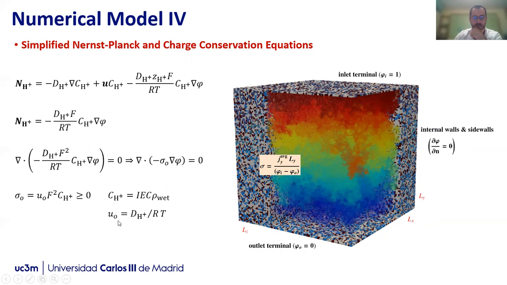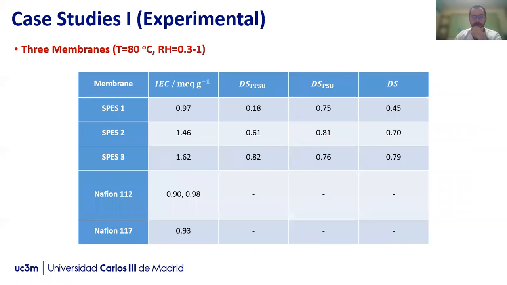The mobility of protons is proportional to the diffusivity of protons, and the charge is given by the ion exchange capacity times the density under wet conditions. And from the flux, we compute in the simulations the average flux, from which we can compute the effective conductivity through the sample and compare with experimental data.